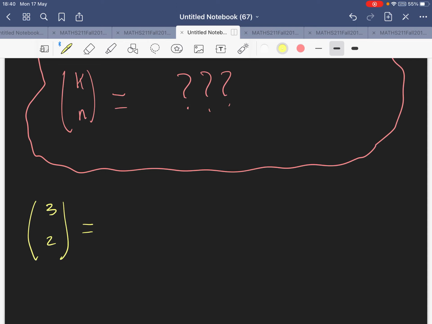All you need to do is, first of all, put 2 factorial in the denominator. Now you have to start with 3, and then you subtract 1 out of 3. So it will be 3 times 2, and then you stop. Why do you stop?